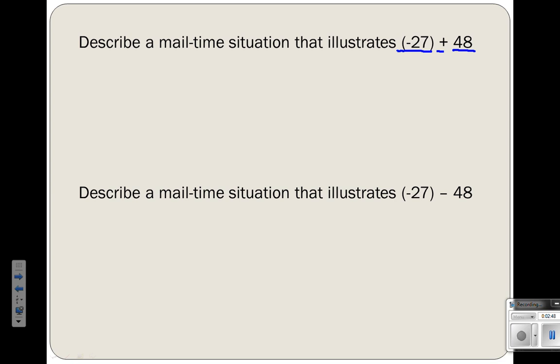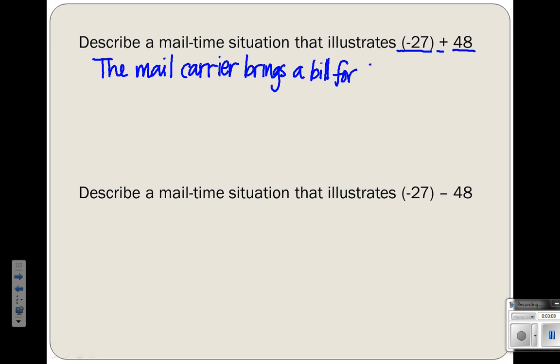So in this case, since 27 is negative, he's bringing a bill. So you'll say, the mail carrier brings a bill for, in this case, $27.